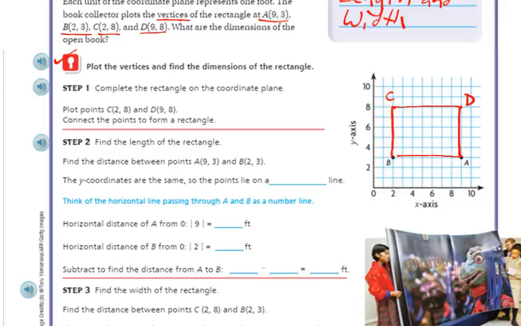Step 2, find the length of the rectangle. All right, so our length is going to be the distance between A and B. So we have an option here. We can count on the grid, or we can apply concepts of absolute value, which I'll show you in a few seconds. So the y coordinates are the same here, so the points lie on a horizontal line.